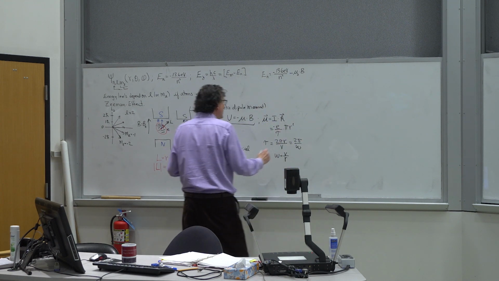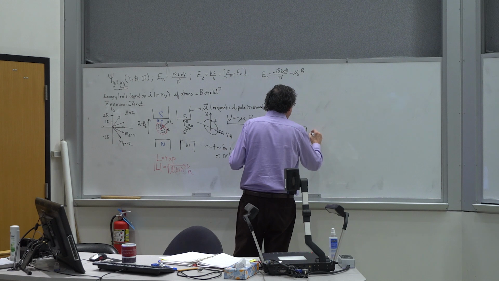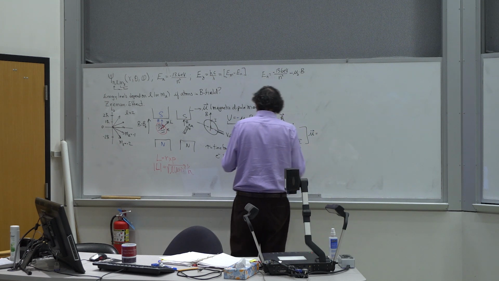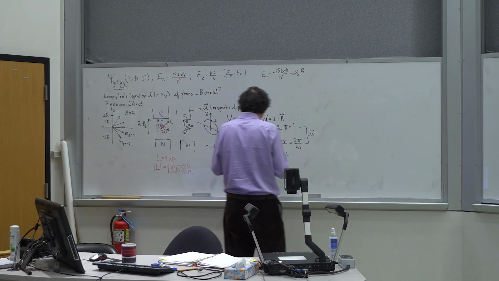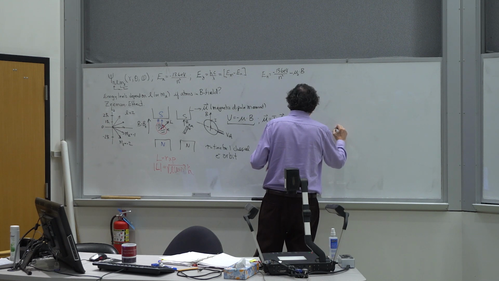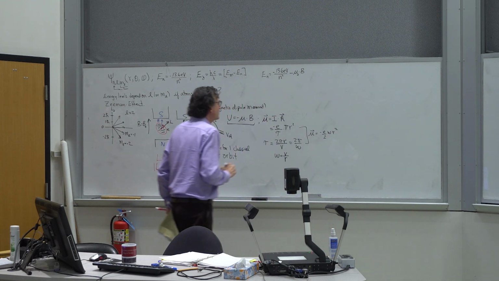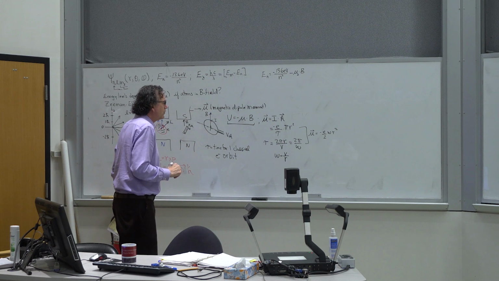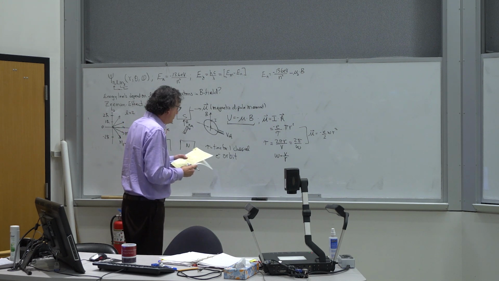Now I can eliminate tau from these two equations, and I get that mu is equal to minus e over 2 times omega r squared. Right? So this is the expression for the magnetic dipole moment.